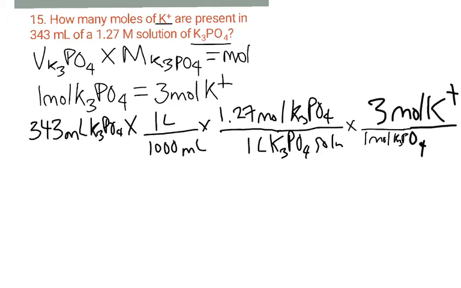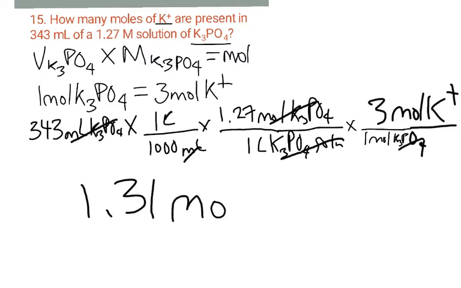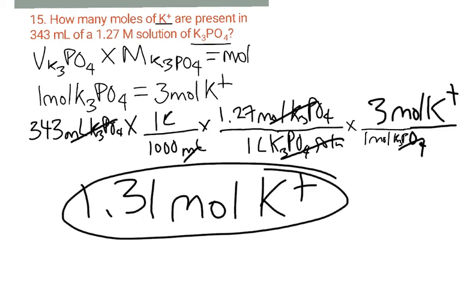You can check to make sure your units cancel out, your milliliters cancel out, your liters cancel out, your moles of potassium phosphate cancel out, and you're left with moles of potassium ions. And so if you put this into your calculator, you'll see that you get 1.31 moles of potassium ions. Alright, let's look at the next problem.